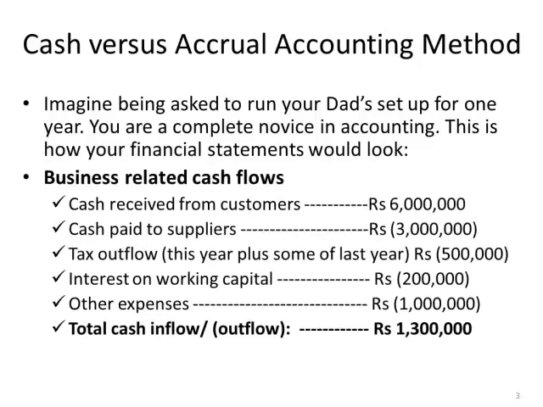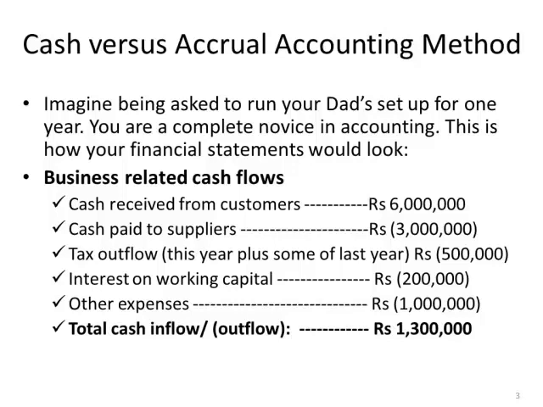So here's what you would do. You would, for example, take your cash flows and organize them in this way. So let's go through these one by one. So you had the following business related cash flows. You had the cash received from customers, 6 million. We had the cash paid to suppliers, 3 million.